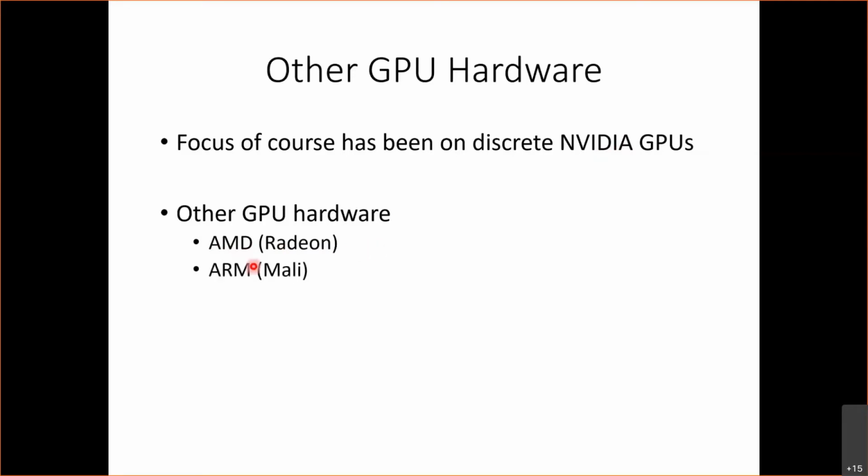ARM also has GPUs. You might have heard of Mali GPUs. ARM is very popular in mobile devices, so some of the GPUs in mobile devices are ARM GPUs. Sorry, I shouldn't say they're manufactured by ARM. There are many different companies that manufacture ARM processors, but the GPUs follow the ARM architecture.